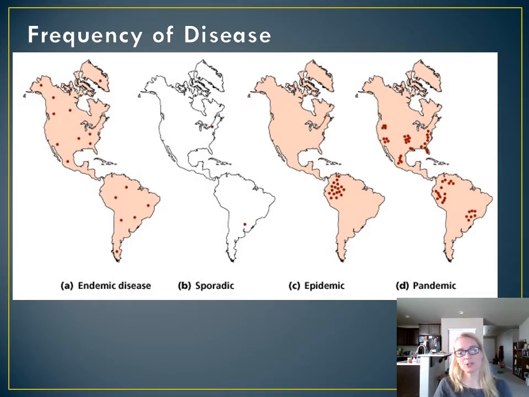When we get to the definition of a pandemic, it's multiple epidemics happening on 2 or more continents at one particular time frame.